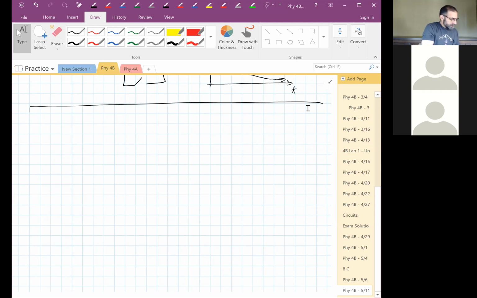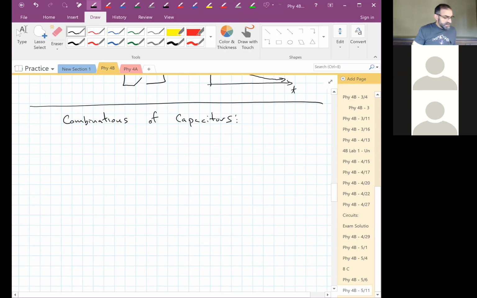So, combinations of capacitors, series and parallel. I'll just draw two.